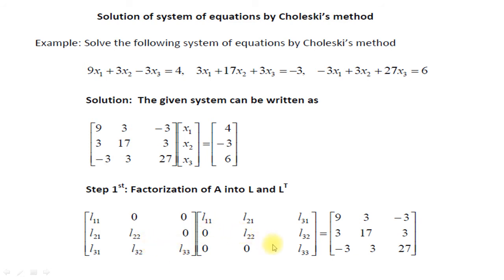In simple terms, this is the lower triangular matrix, and if you take its transpose, you will obtain the upper triangular matrix. Now multiplying these two matrices, you will obtain a single matrix, and then compare it with the given matrix. You can easily find the unknowns L11, L22, L33, L21, L31 and L32.